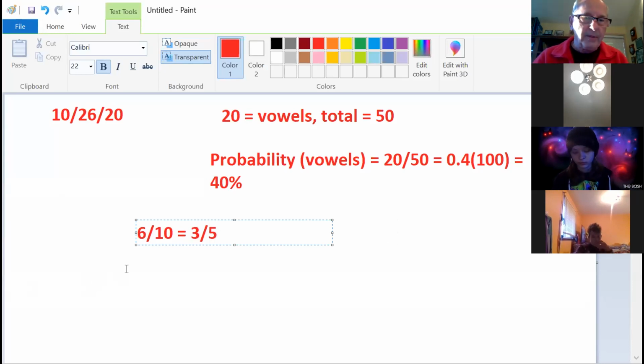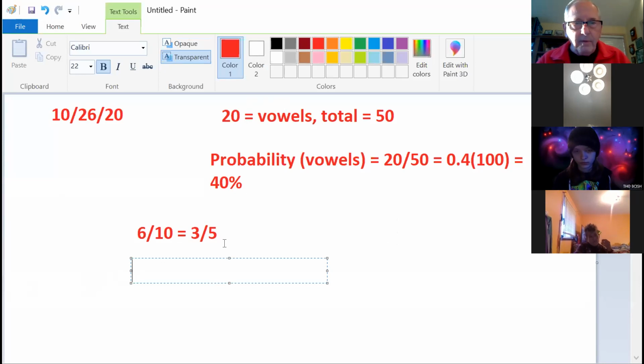So that's the first opportunity. The second one, you only have 9 to choose from. If that first one was a square, then you've got 5 out of 9 left. 5 out of 9 would be the second fraction because you've got 5 squares and 9 total.